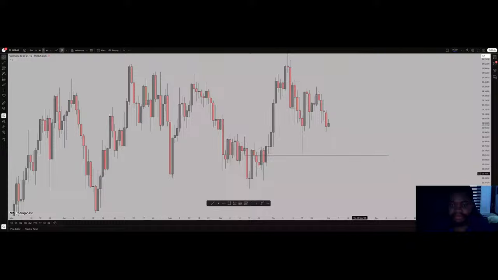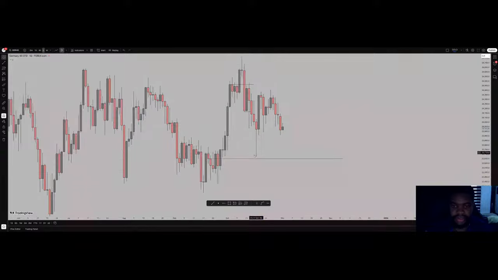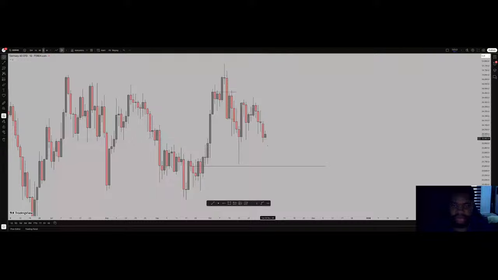So this weekly support is the next level I can see price go to. Let's go back to daily, which is like a daily open close. Price can decide to dig deeper, whatever, but that is the next amount of liquidity here before it pushes around that. So we're expecting our trades to come back down to this point.